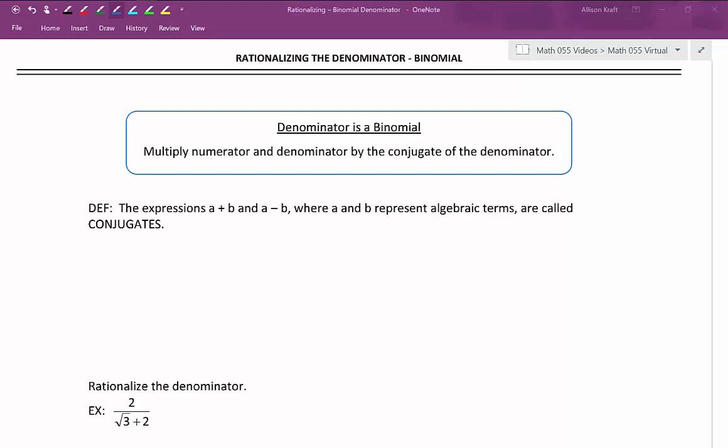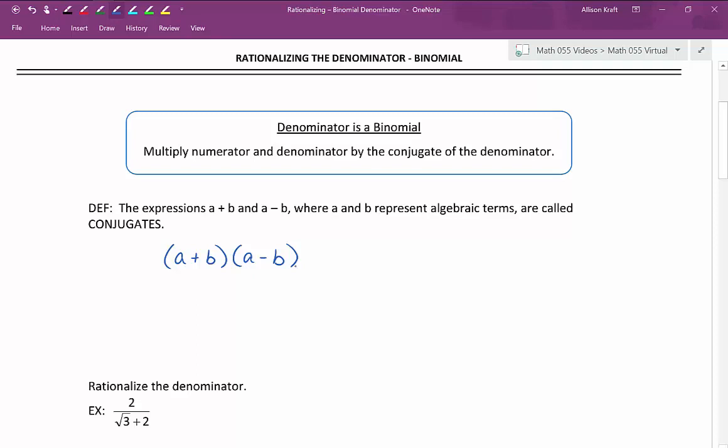Now, a plus b and a minus b might jump out at you as something you recognize. When we factor the difference of two squares, we get a plus b and a minus b. Well, we're actually going to use some of that when we are rationalizing the denominator. We're going to be multiplying conjugates together, a plus b and a minus b.